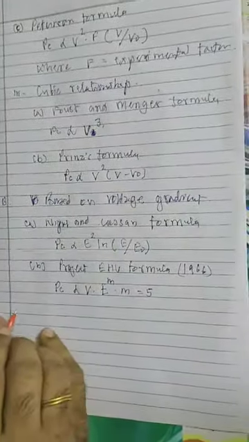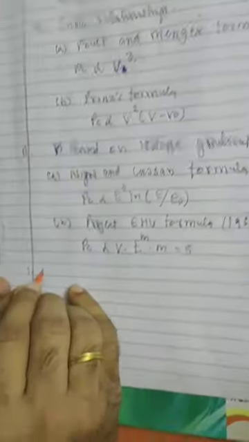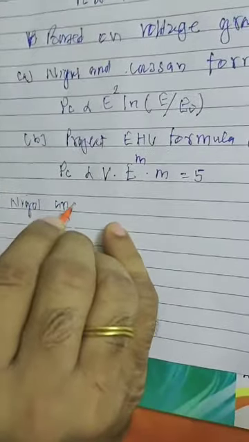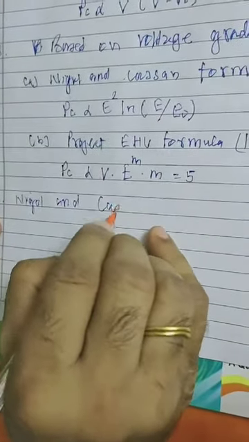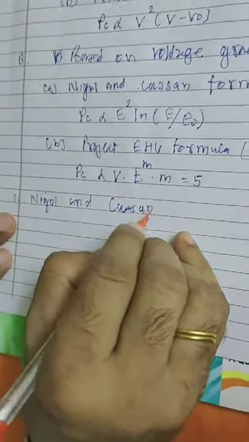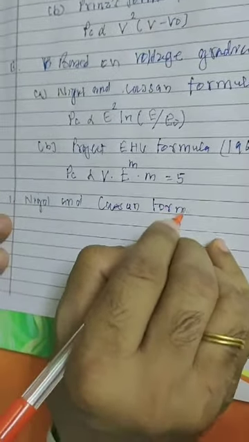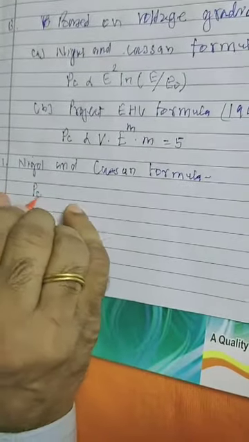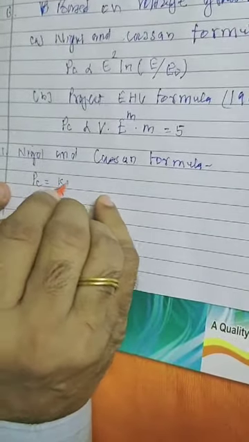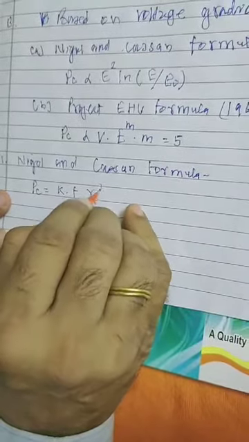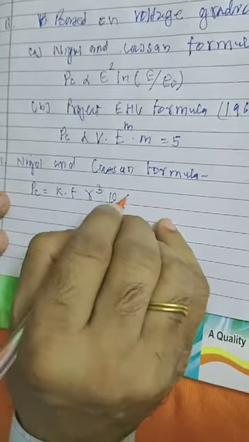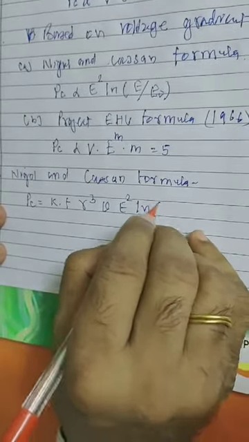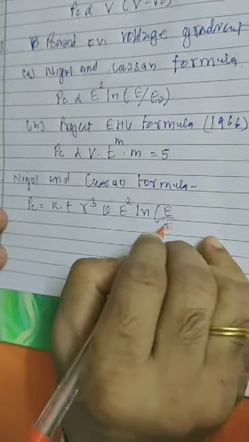Now the formulas are suggested. Formula number 1 is the Nigol and Casson formula. They developed the formula as Pc is equal to K F R cube theta E square ln (E upon E0).